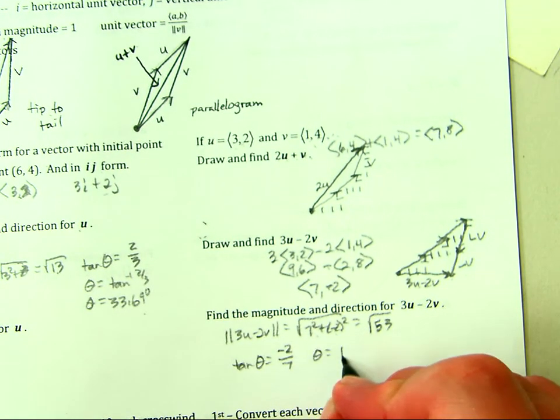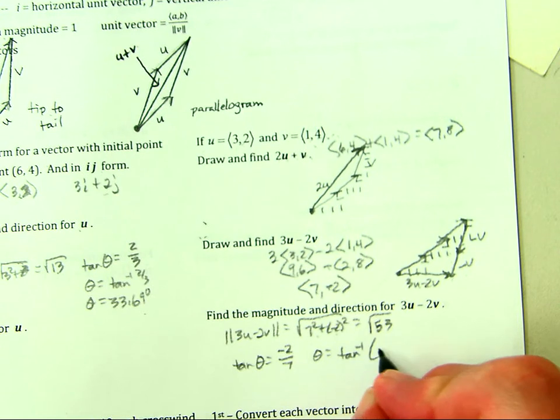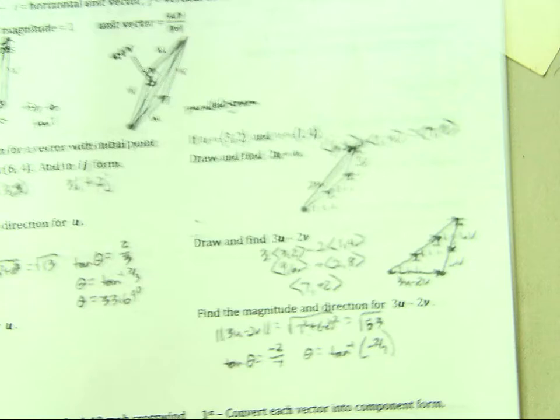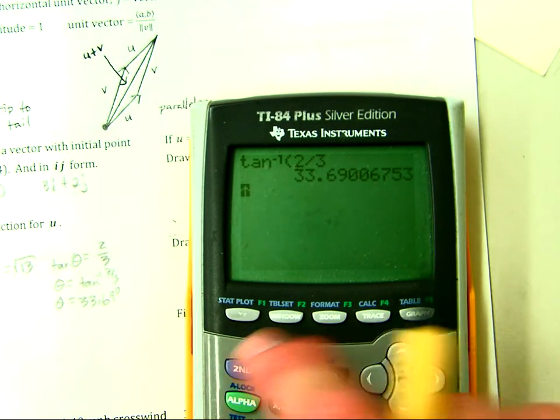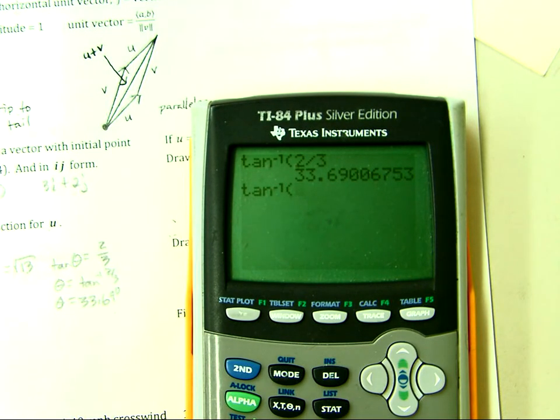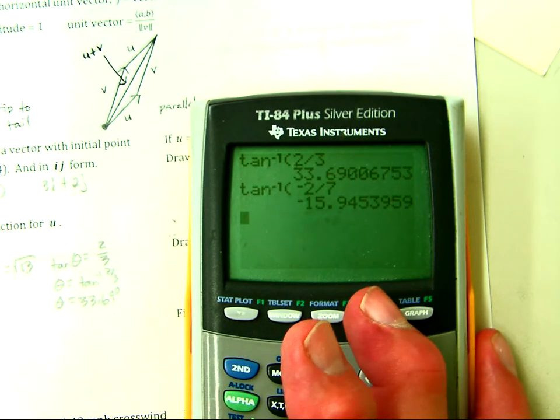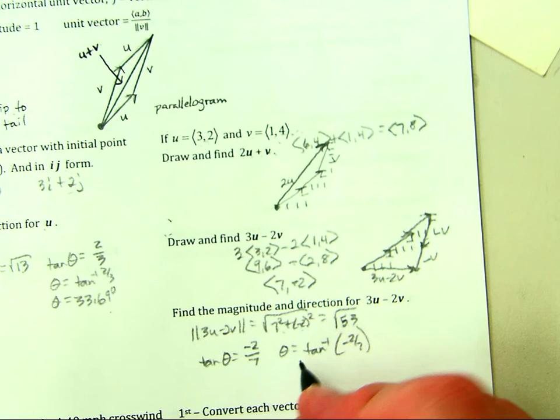So theta equals the inverse tangent of negative 2 over 7. Again, we do that on our calculator. Second tangent of negative 2 divided by 7, you get negative 15.945 degrees.